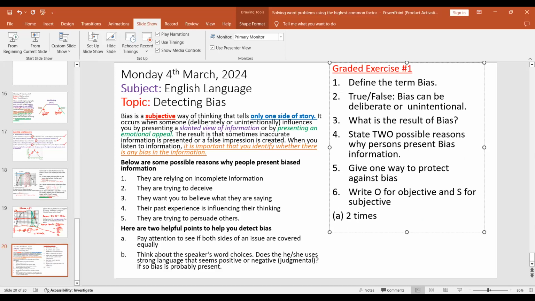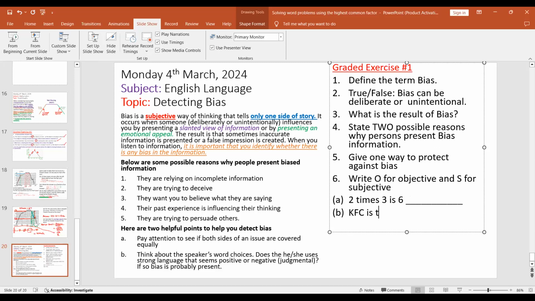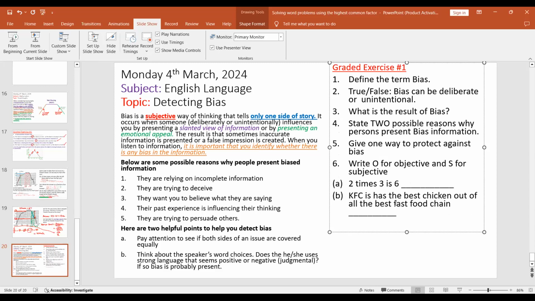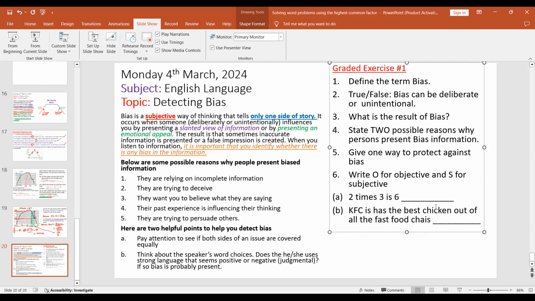Two times 8, 2 times 3, 6. B, KFC is the best fast food chain. Or all the fast food chains.